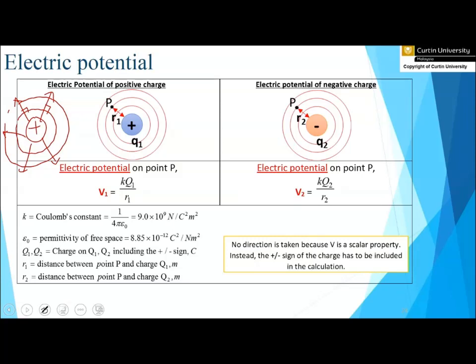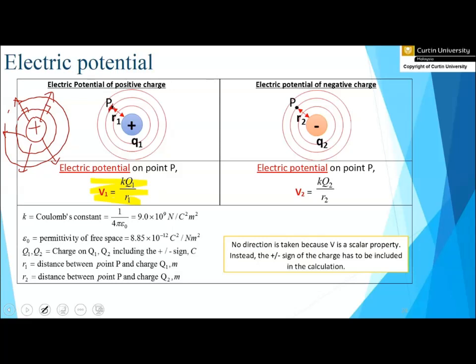So how to calculate potential? Potential is given by KQ divided by R. So let's say I want to find the potential at point P. Like what I said just now, any charged particle has potential around it.